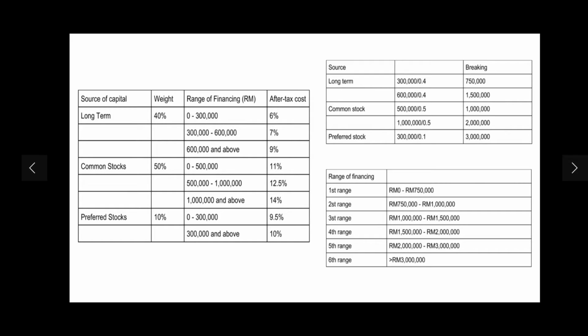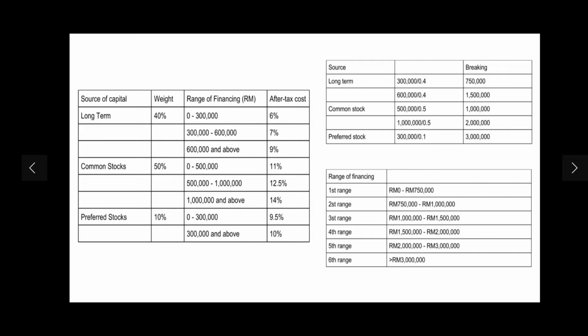For example, the long-term first breaking of 300,000 must be divided by 0.4. The same goes for the rest of them to find the breaking points. When we get the breaking points, there will be new ranges of financing. The first one would be 0 to 750,000.